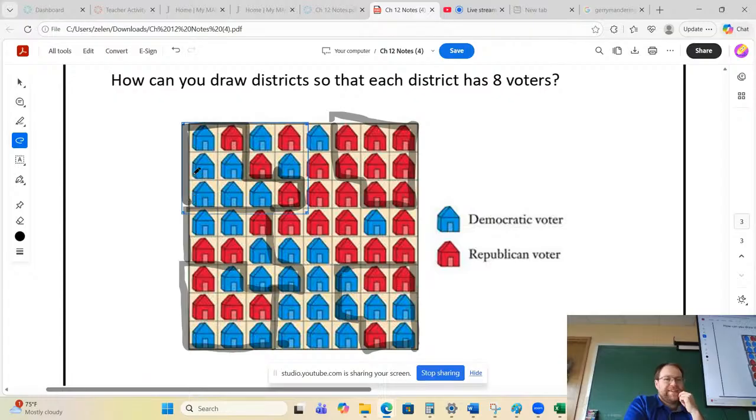Give that middle one an extra red. Middle one an extra red. So kind of like that. 7. That leaves them only with 7, so they would need an extra one as well. The middle one. Oh no, I counted wrong.